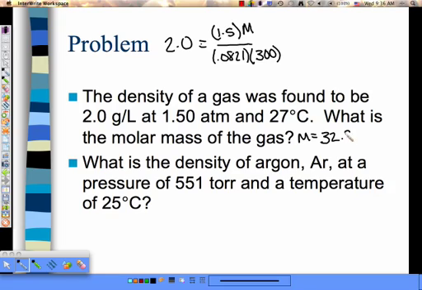Grams per mole. Everyone get that? I haven't tried yet.